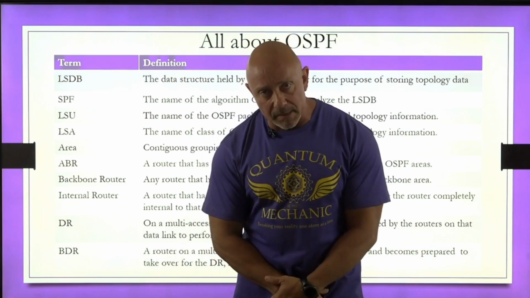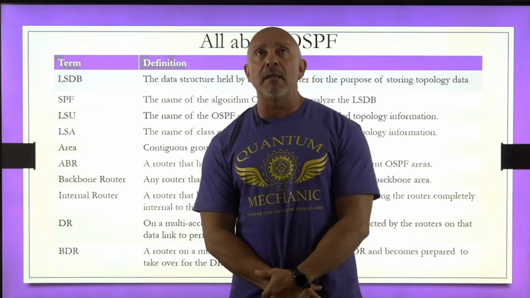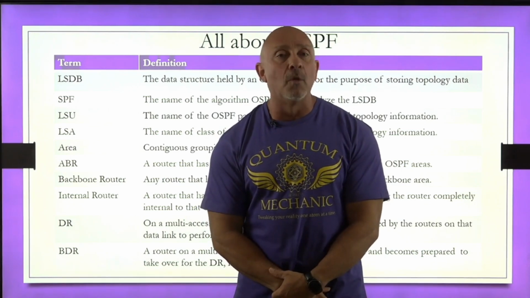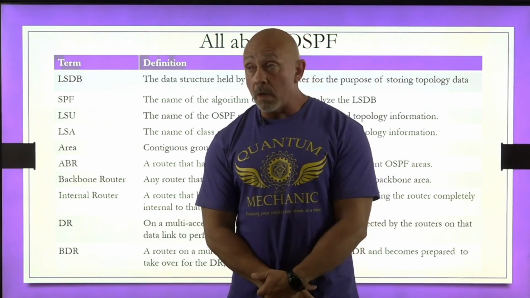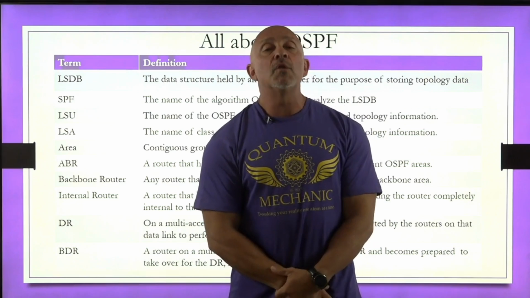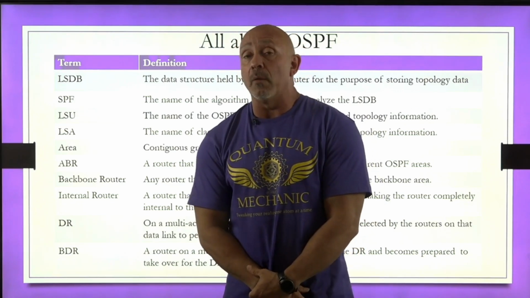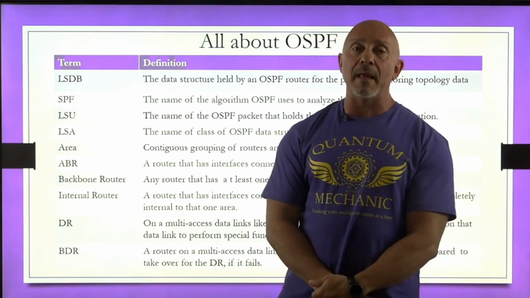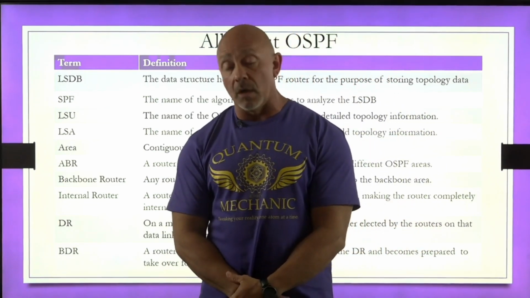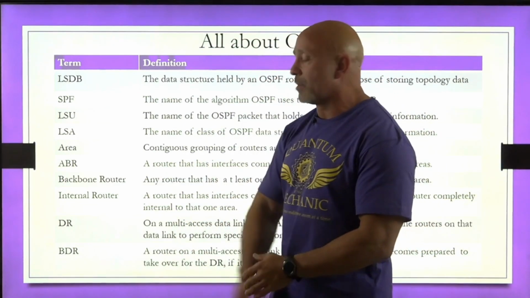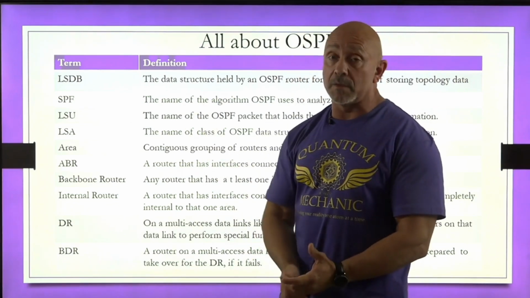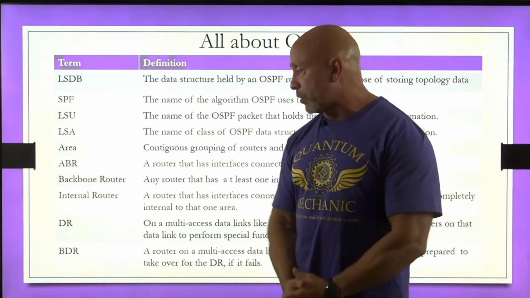It's an election process. And you'll see that mainly in multi-access networks or broadcast domain type networks or non-broadcast domain networks such as Frame Relay, which is a multi-access network as well. You'll see BDRs and DRs, or designated routers and backup designated routers, in that particular topology if you have it and you're running OSPF.